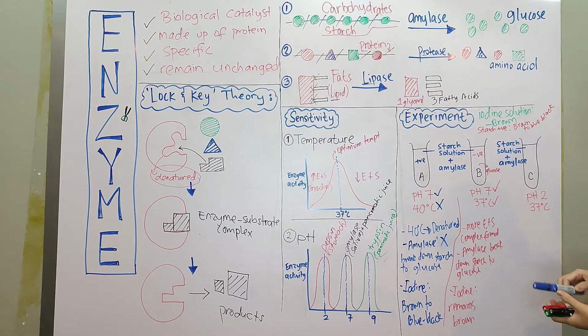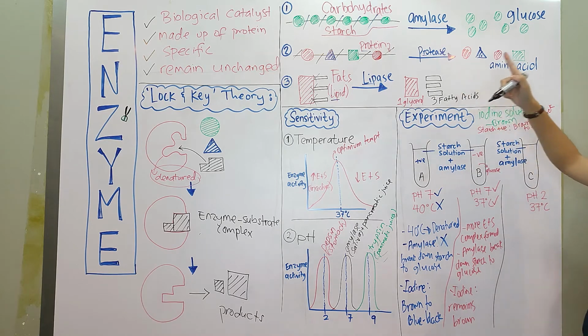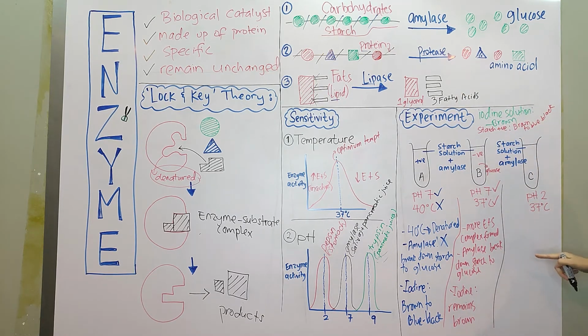Alright, the last one. Same, starch and amylase. Again, amylase breaks down starch into glucose. See the parameter again, it's pH 2. Amylase doesn't work at pH 2, only pepsin does. Amylase works at pH 7, so this is wrong.